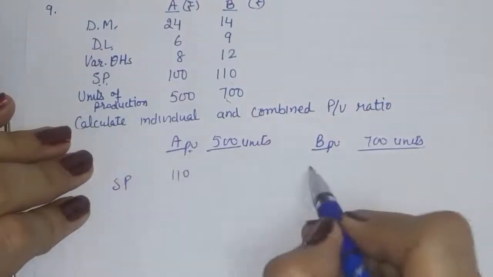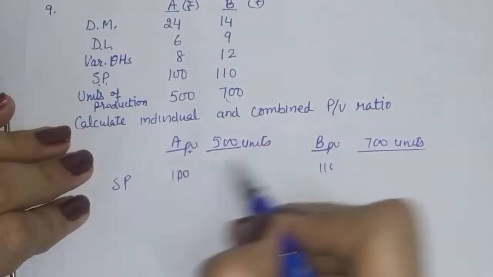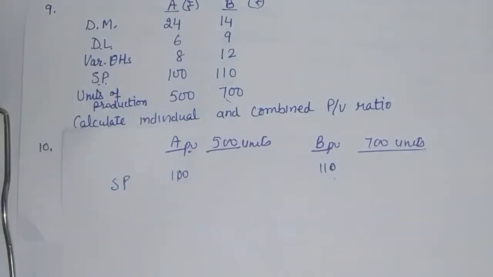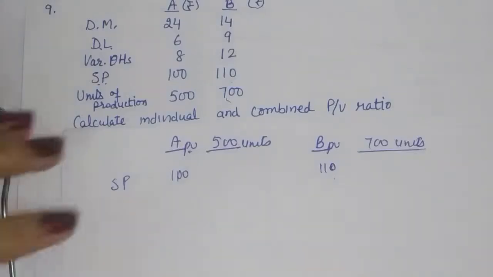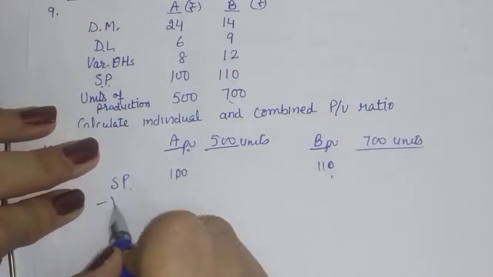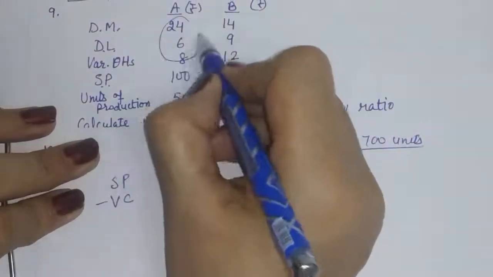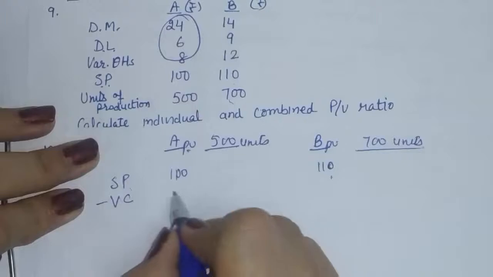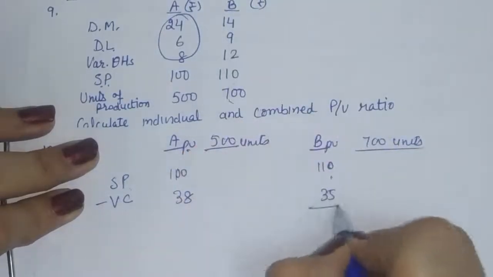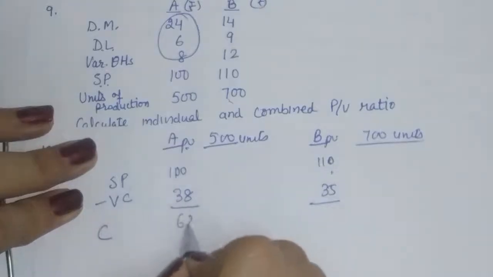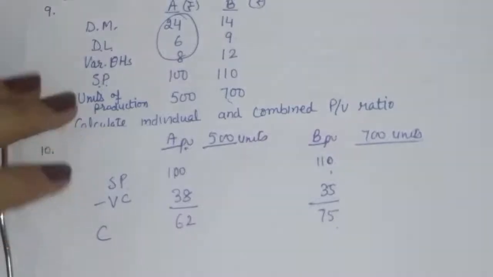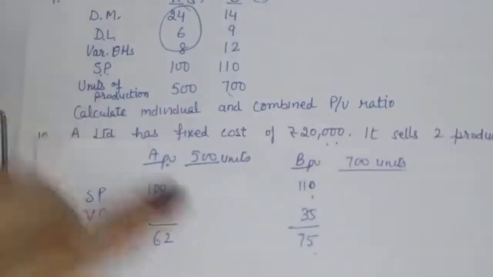Selling price is 100 and 110. 100 for A and 110 for B. So we are working as per the contribution based cost statement or income statement. So selling price is this much, less variable cost. Now these are all variable costs here. So that gives you 38, and herein it will be 35. It means contribution is going to be 62 and 75, right? Then we are given units of production we have already considered.